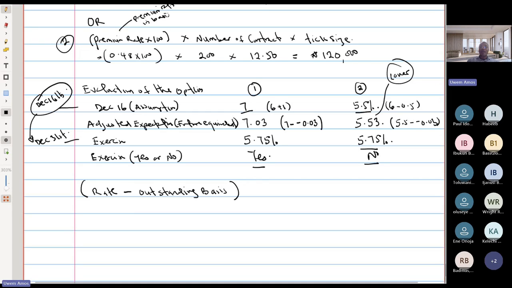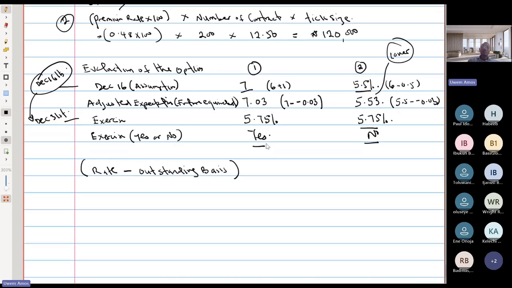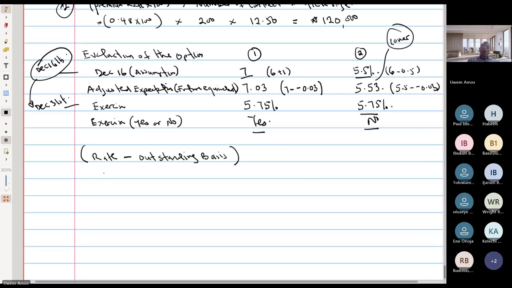Now let's look at what our gain would be from the decision. In this first scenario, you did not take the option, so you didn't have anything to gain. However, in this second scenario, you took an option of borrowing at 5.75. If you had gone to the market, you would have borrowed at 7.03. But because you have an option, you are able to borrow at 5.75.